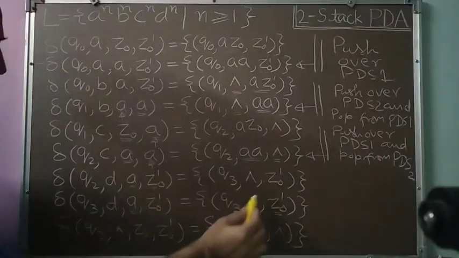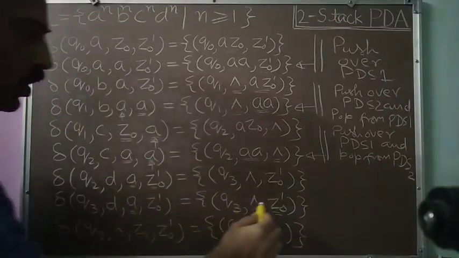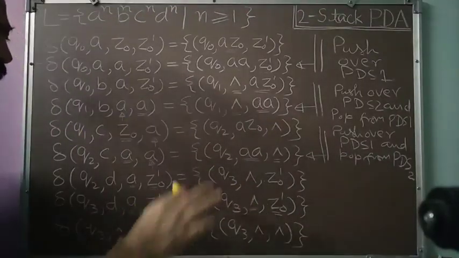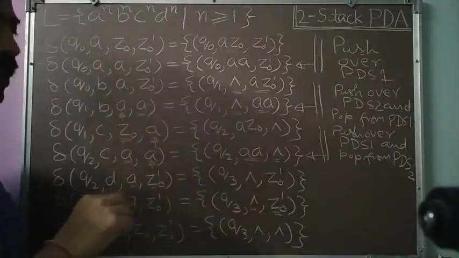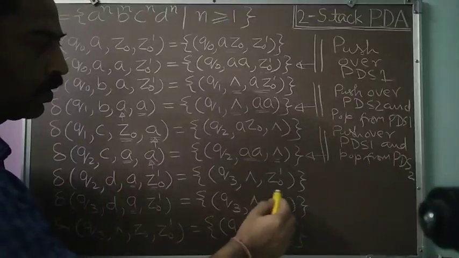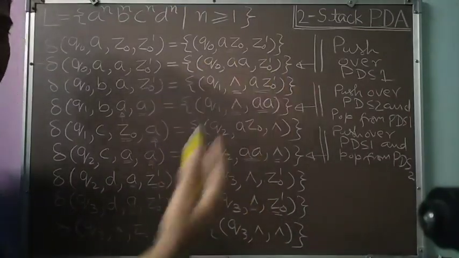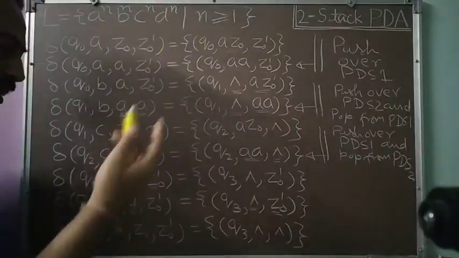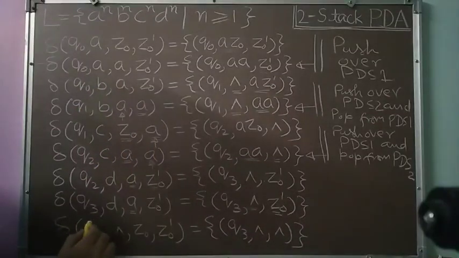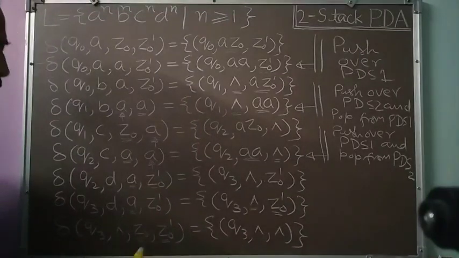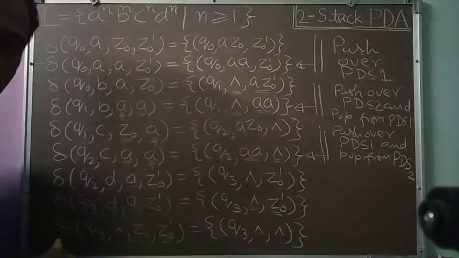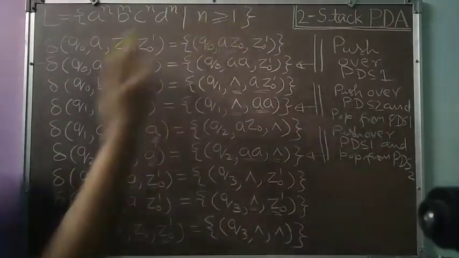So if all the D's are matched with all the A's, meaning thereby on the PDS1 there will be no A. There will remain only the Z0, which was the initial pushdown store symbol. And because we have maintained Z0 dash on the PDS2, on the PDS2 will be the Z0 dash. So now we are in the state Q3. On the PDS1 there is Z0, on the PDS2 there is Z0 dash, and because our input has exhausted, because all D's have matched with all A's, there is nothing left in our input.